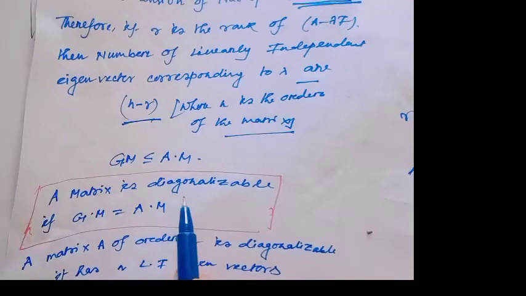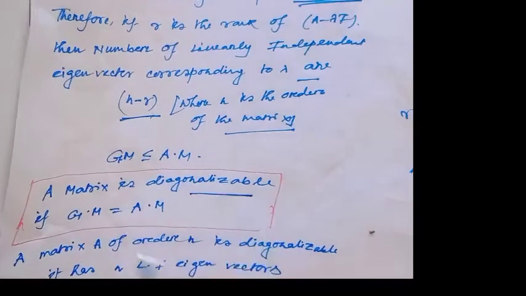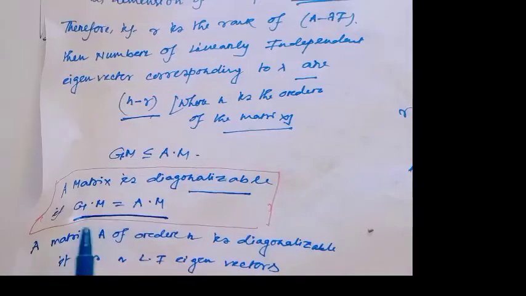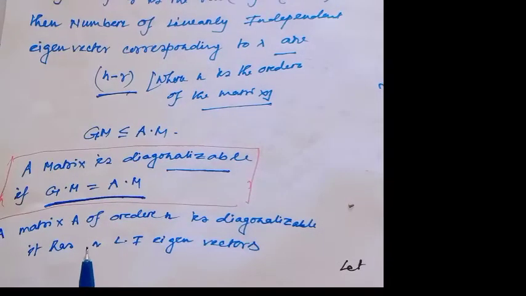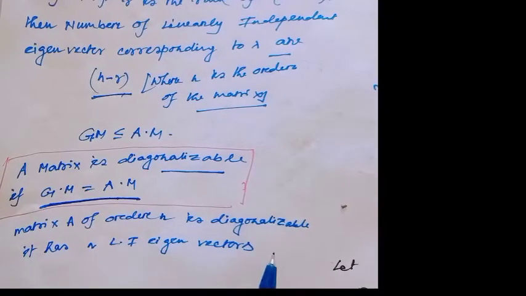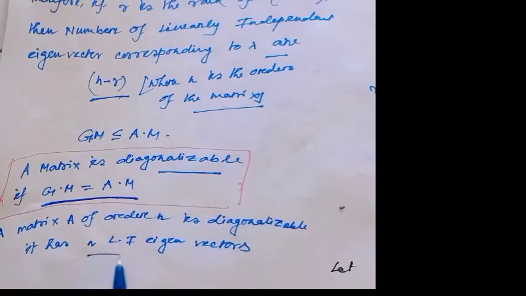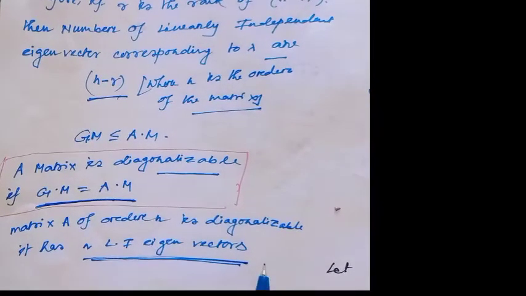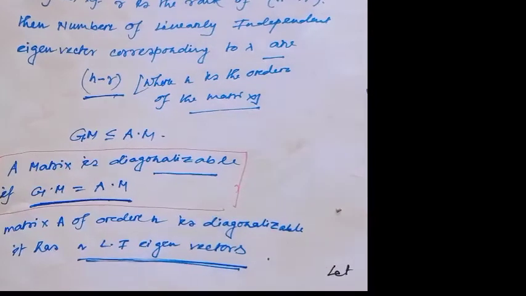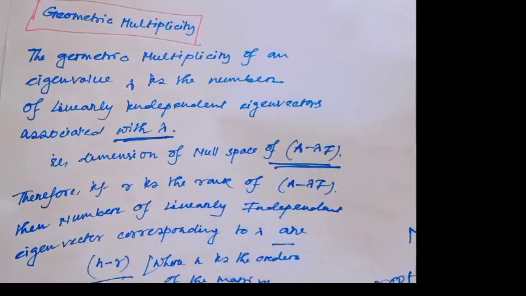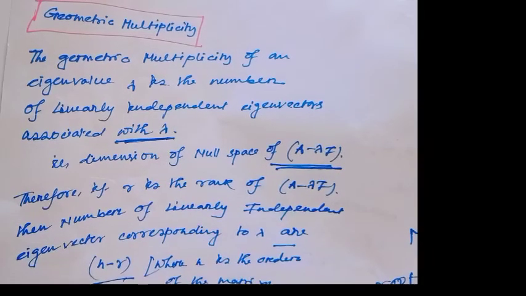A matrix is diagonalizable when geometric multiplicity and algebraic multiplicity are equal. That means a matrix A of order n is diagonalizable if it has n linearly independent eigenvectors. Okay? This is the shortcut method to find whether a matrix is diagonalizable or not.